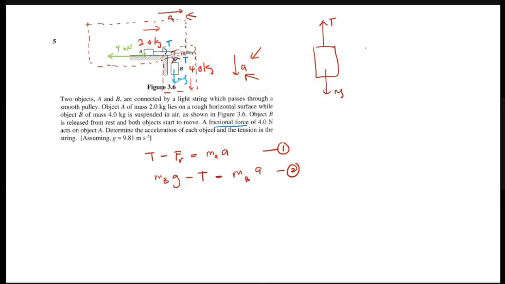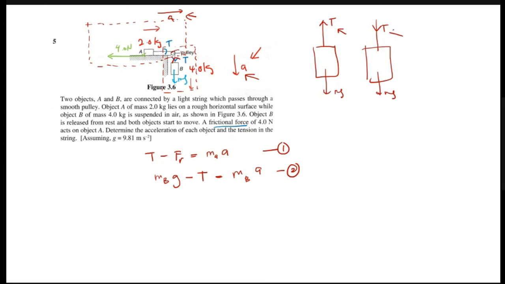Can you see? If the T had the same direction, it would already fall down, right? So the T here is the one that manages to keep B suspended before it falls.